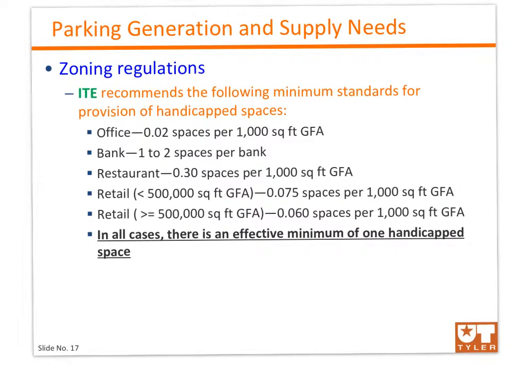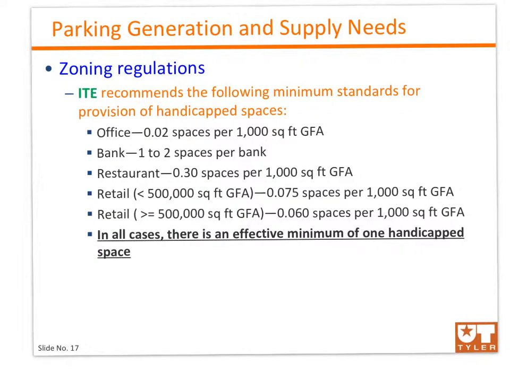Why? Because if it's more than 500,000, we don't want to be super conservative or have too many handicapped spaces that are not going to be used, and therefore the number here is even less because the area is high.